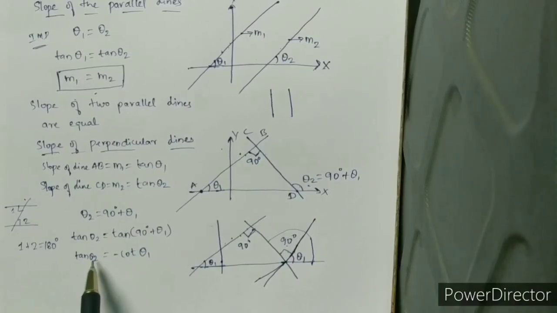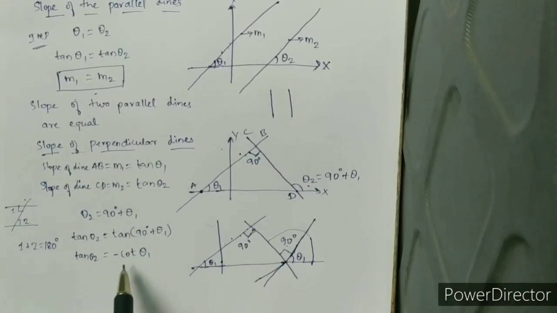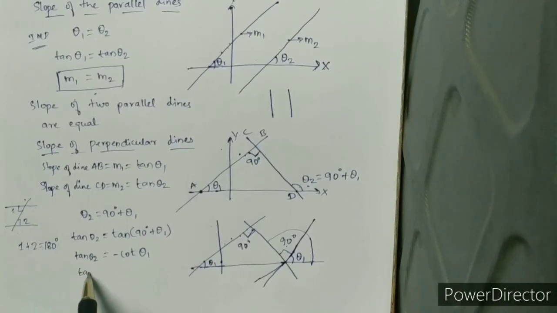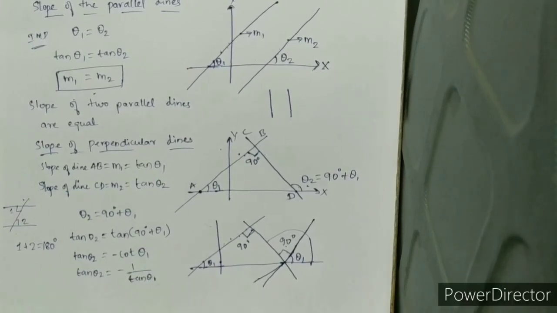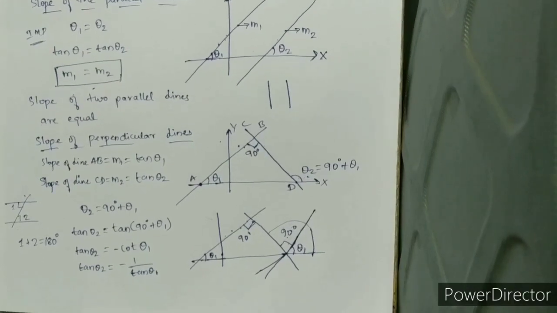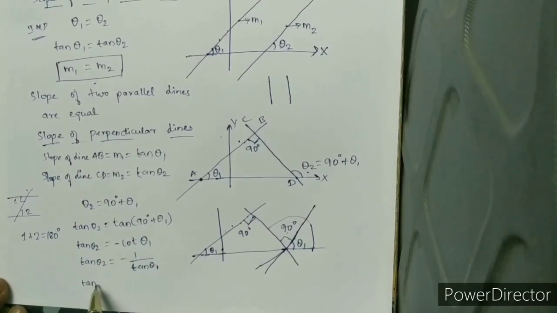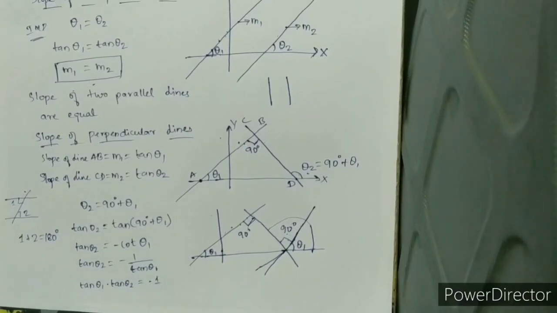So tan theta 2 is equal to minus cot theta 1, and we know cot theta and tan theta are reciprocals. So tan theta 2 is equal to minus 1 by tan theta 1. Okay, so from this, if I do cross multiplication, I'll get tan theta 1 into tan theta 2 is equal to minus 1.